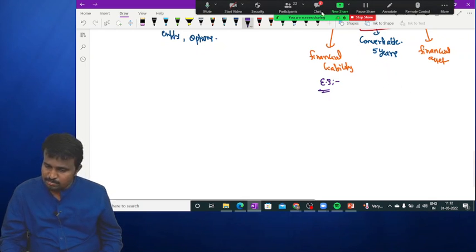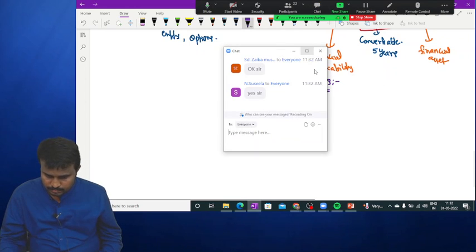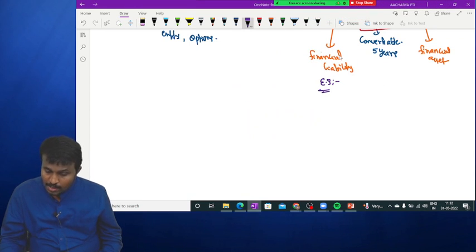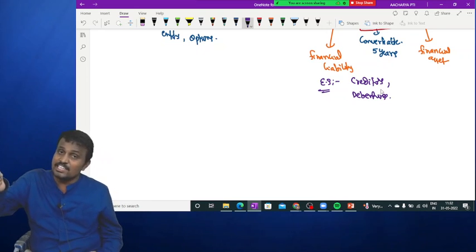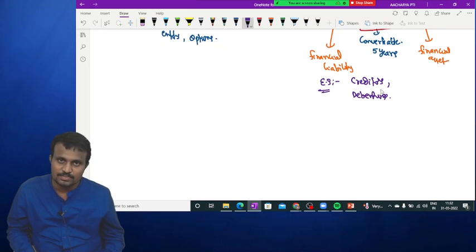The best example for financial liability is nothing but what? Creditors, or debentures. So remember, debentures of another entity will be a financial asset.